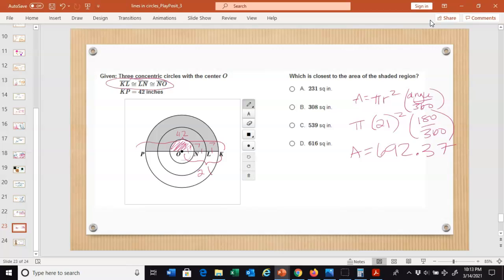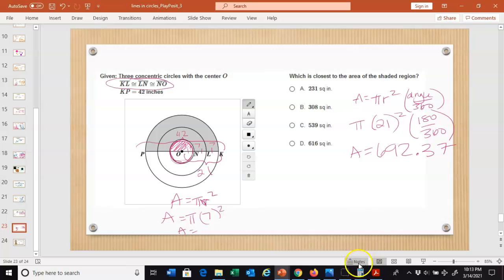So let's take that idea then. Let's find the area of the small inner circle. Remember, area of a circle is just pi r squared, just like a good old-fashioned circle, not a sector, not a piece of a circle, just the circle. The radius of that little circle is 7, right? Remember we found each of those little pieces are 7.